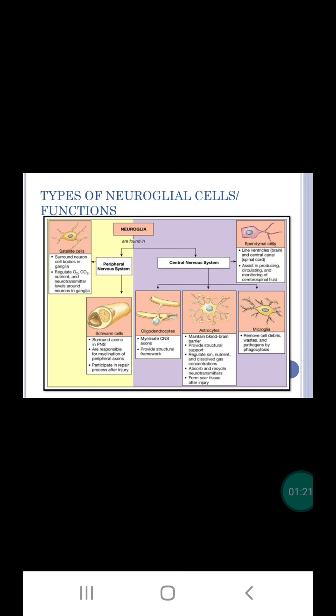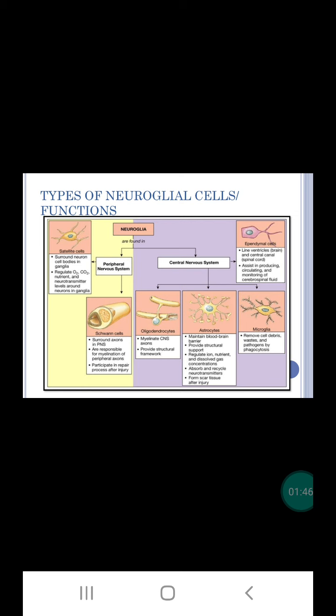So first is satellite cell. Now neuroglia are found in peripheral nervous system and central nervous system. So in case of peripheral nervous system, we will find satellite cells and Schwann cells. Satellite cells surround neuron cell bodies in ganglia.